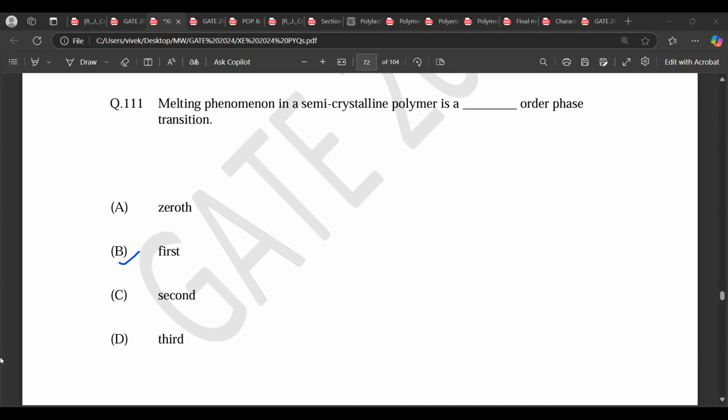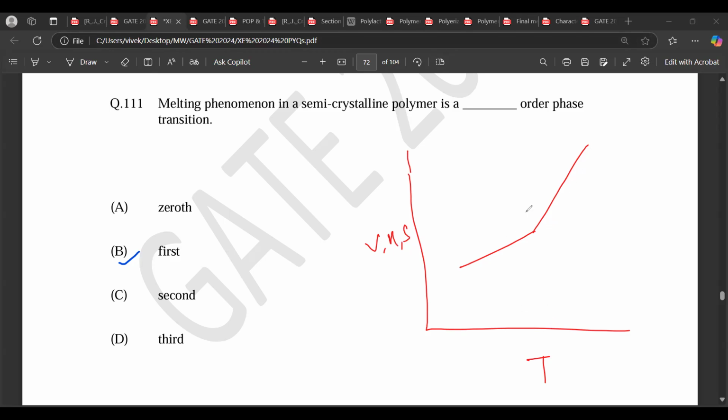If you're plotting the volume versus temperature curve using dilatometry, or using enthalpy or entropy, you see S, H or V against temperature.